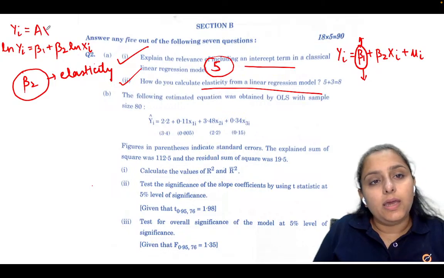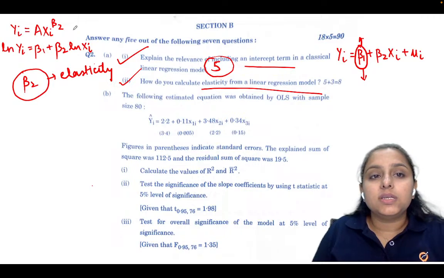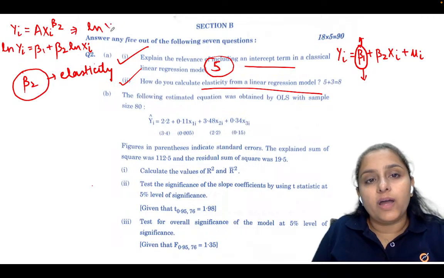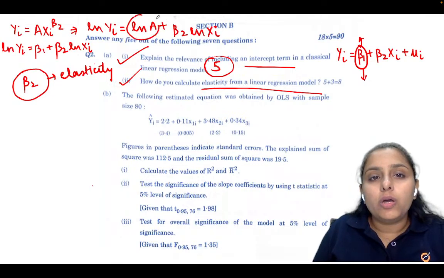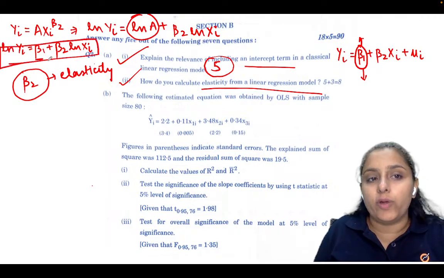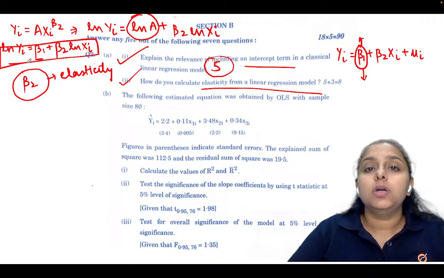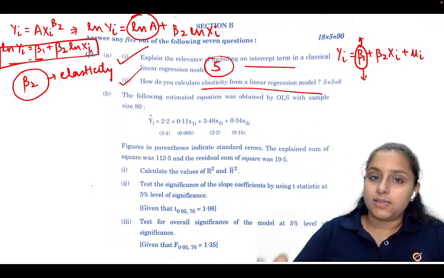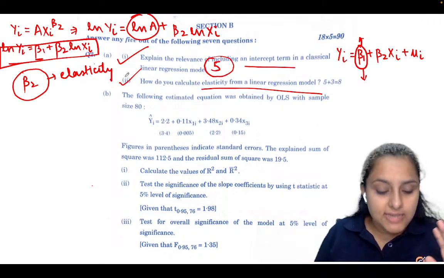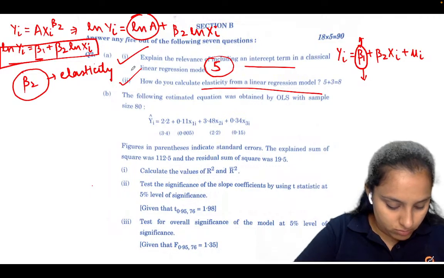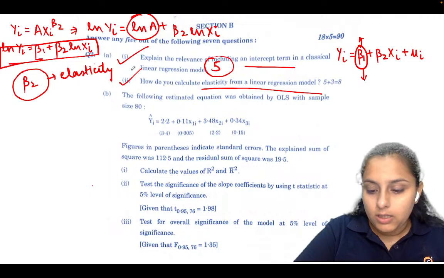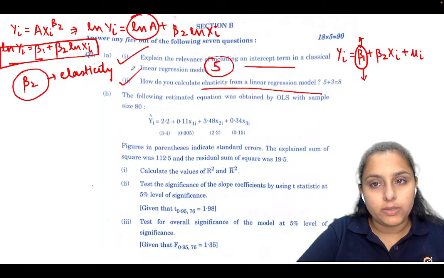When I take log, this becomes log yi equals log a plus beta 2 log xi. Now log a I am calling beta 1. So this becomes a linear regression in the logarithm of x and y. This question was exactly done in the classes also. So that is how we do it.